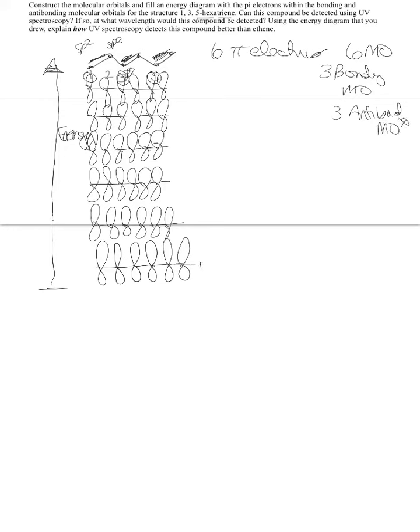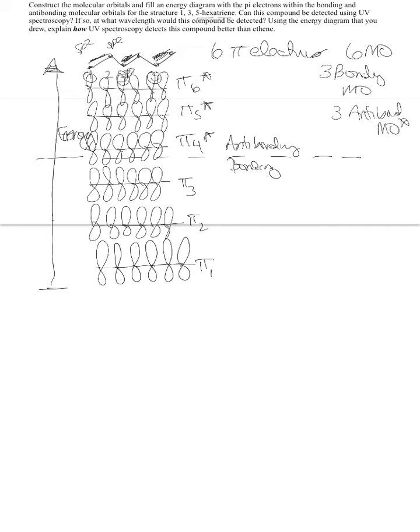So this one's going to be pi 1, pi 2, pi 3, and then this is your line here, where everything below is bonding, and everything above, because it's higher energy, is anti-bonding. This is called pi 4, and we star it, pi 5, and we star it, and the star means that they're anti-bonding. Any electrons that fill these higher energy anti-bonding orbitals make the compound destabilized.